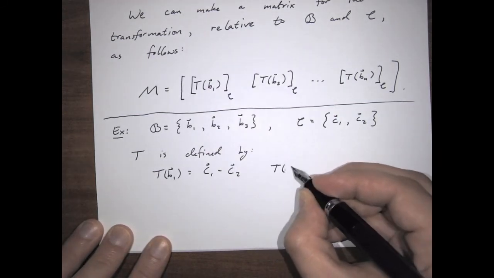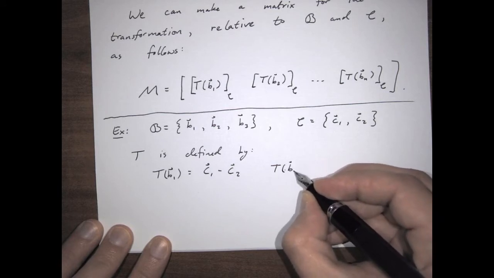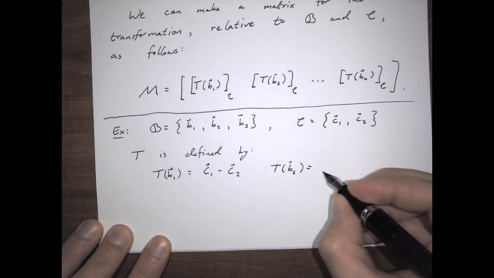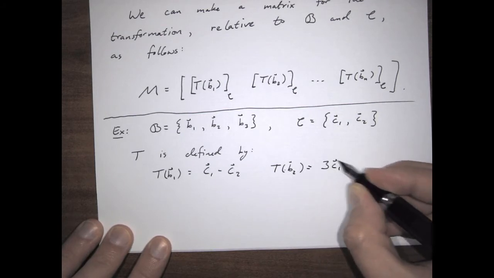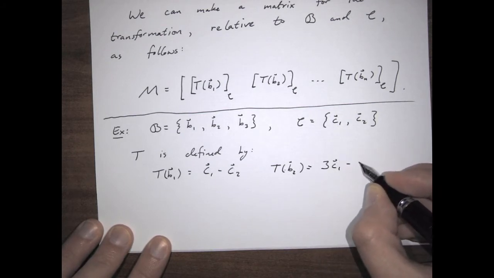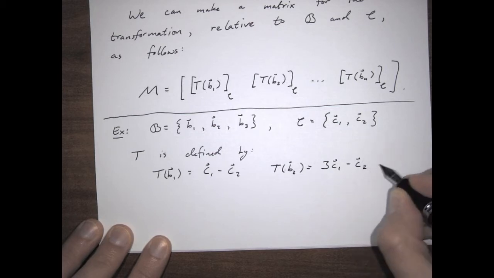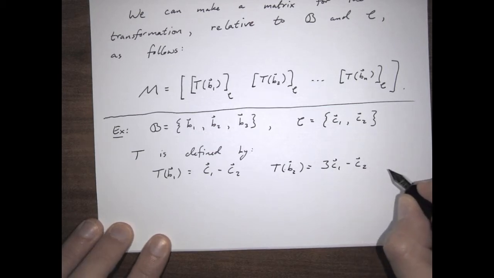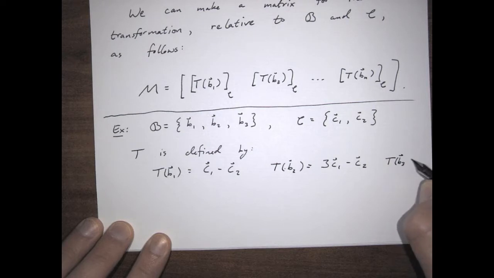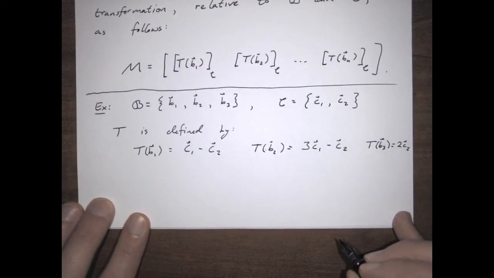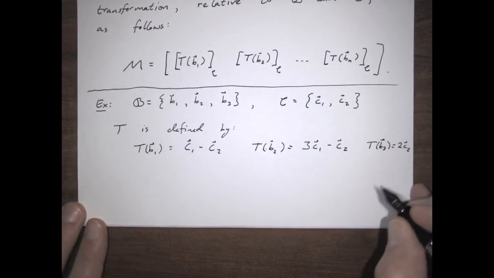And let's say T of B2 is defined to equal something like, let's say, 3 times C1 minus C2. And then let's say that T of B3 is just equal to 2C2. So no influence of C1 there.